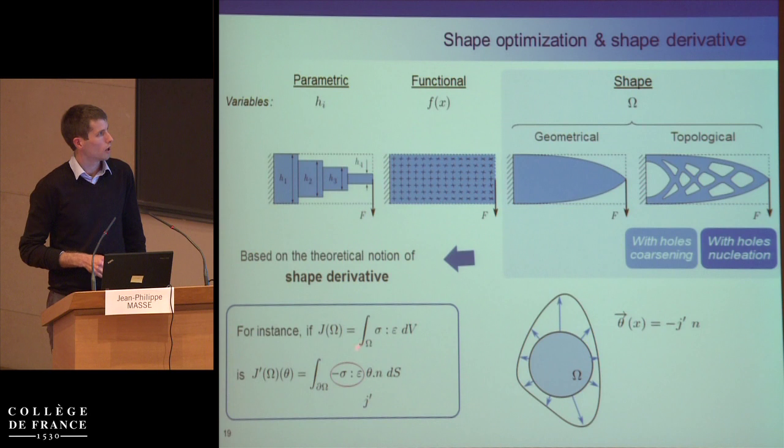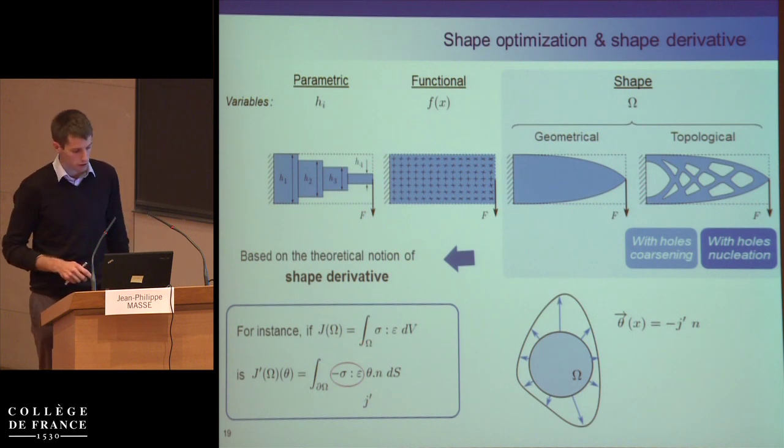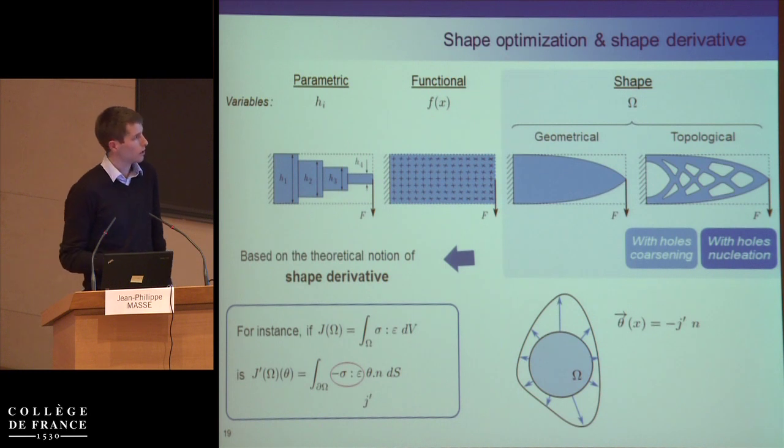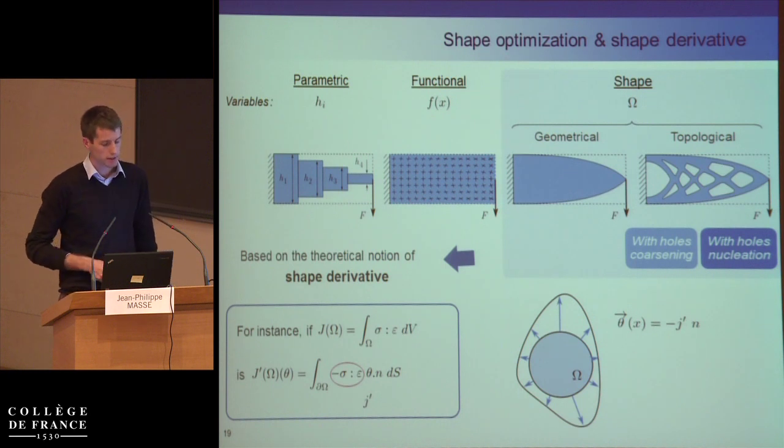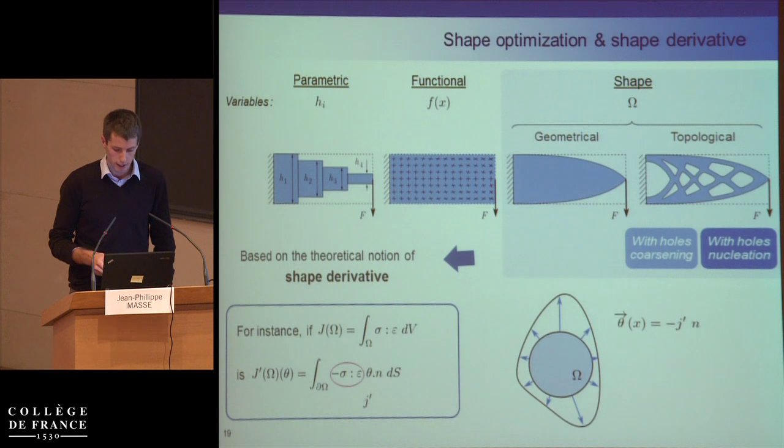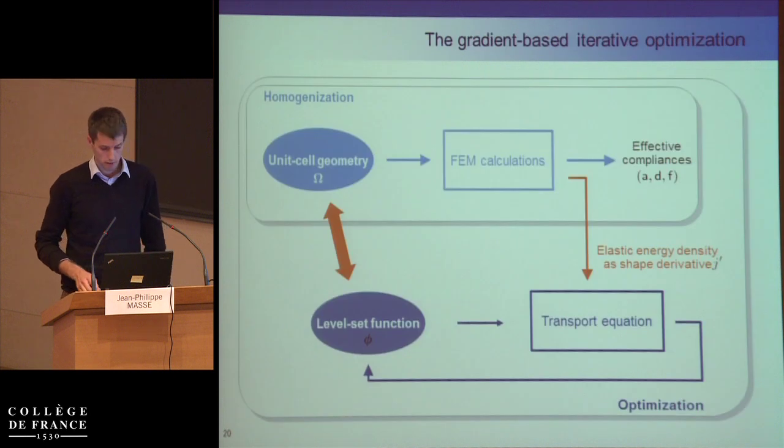One of the results is that when you optimize with respect to the compliance, you have an analytical result that tells you how to change the domain in order to get a stiffer geometry.